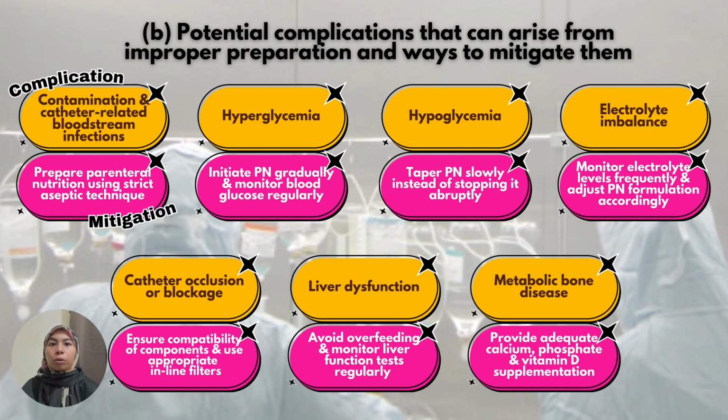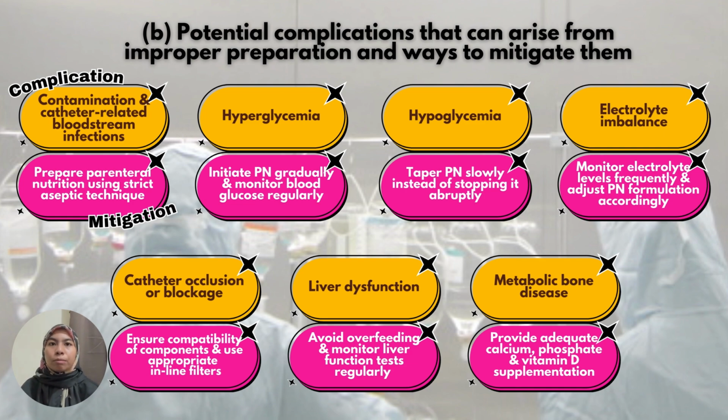Next, we will look at potential complications that can arise from improper preparation of parenteral nutrition and how these complications can be mitigated in pharmacy practice. First, contamination and catheter-related bloodstream infections may occur. This can be mitigated by ensuring that parenteral nutrition is prepared using strict aseptic technique, especially during compounding.